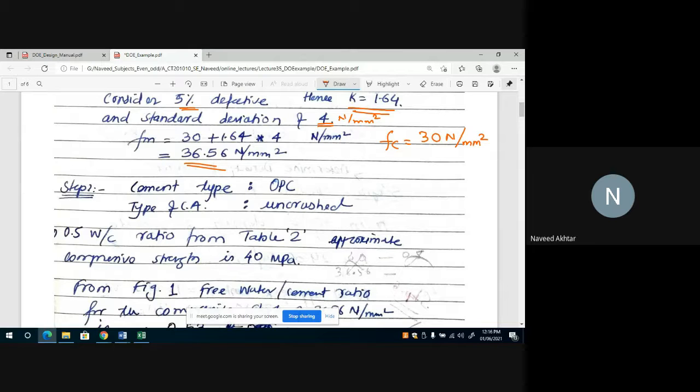Now here the type of cement is OPC, and the kind of coarse aggregate is uncrushed 20 mm aggregate, as given in the example. So for the 0.5 water to cement ratio, we have to find the approximate compressive strength from table number 2.